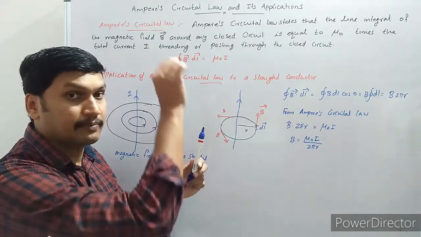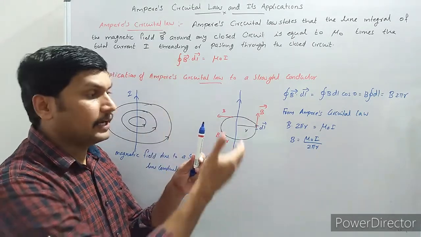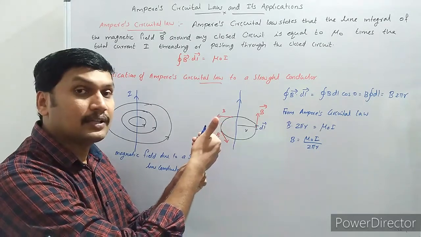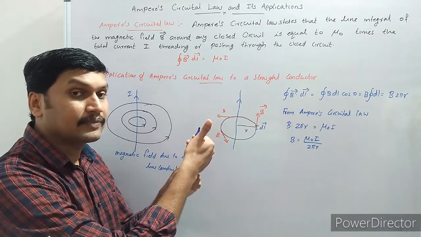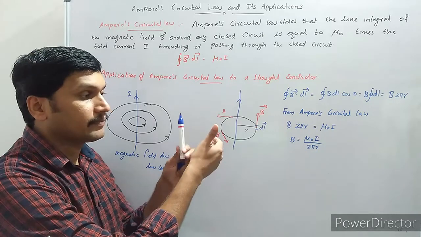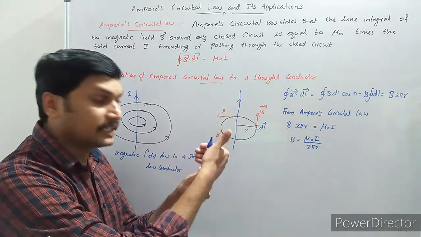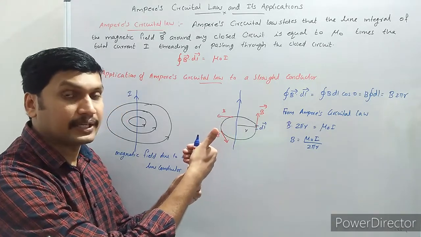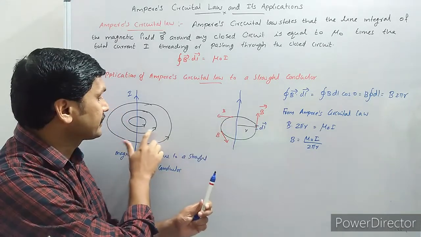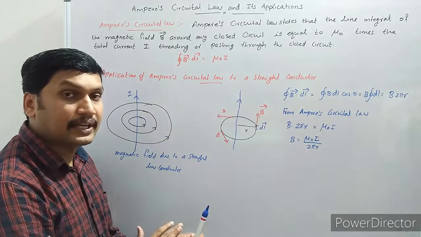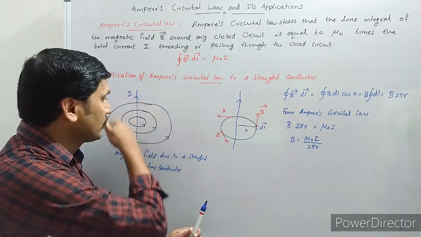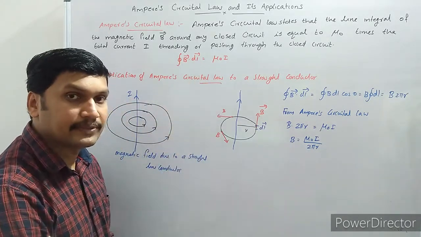Then the curved fingers show the direction of the magnetic field. That's why the direction is shown here. That is the direction of the magnetic field due to a straight line conductor.